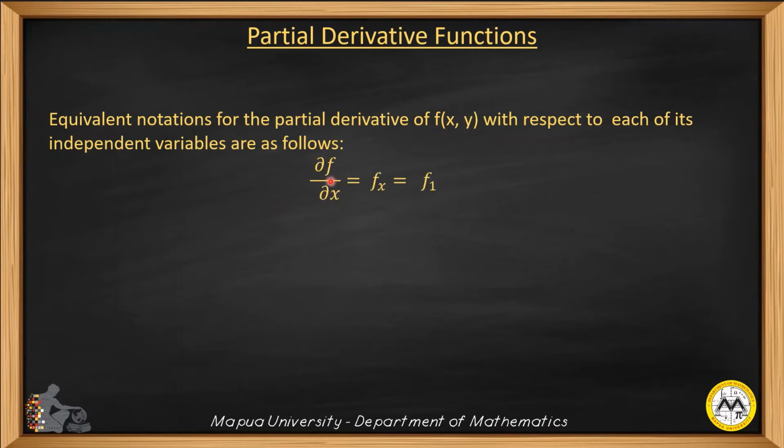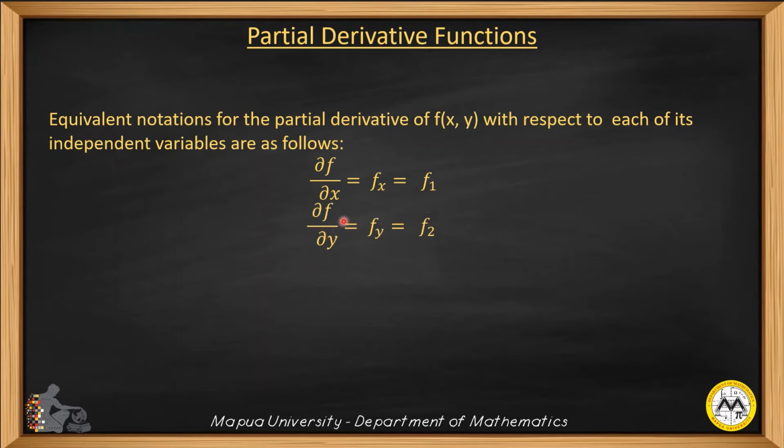So we can differentiate f partially with respect to x, or we can denote it as f sub x. And since x is the first of the ordered pair for the independent variable of the function f, we can also denote partial derivative of f with respect to x as f sub 1. Okay, 1 refers to x, the first of the independent variables.